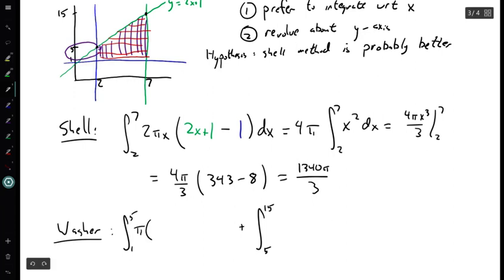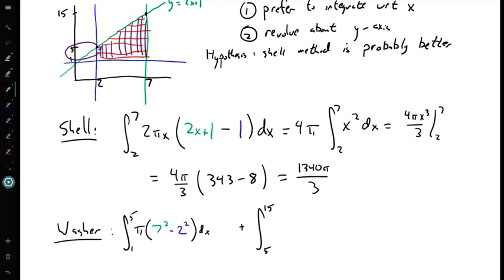So pi times the outer radius, well, the outer radius here is simply 7. So we have pi times 7 squared, minus the inner radius. Well, this is also pretty nice. The inner radius is actually just the constant 2. So I'm integrating 7 squared minus 2 squared dx. That's going to be a pretty easy integral for us to do. We'll come back to that here in a second.